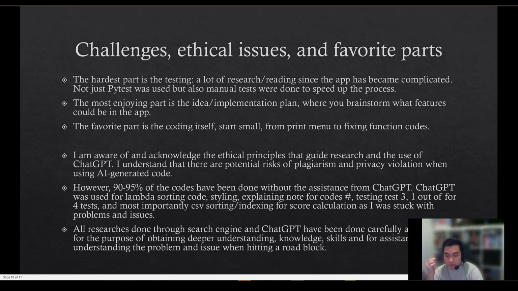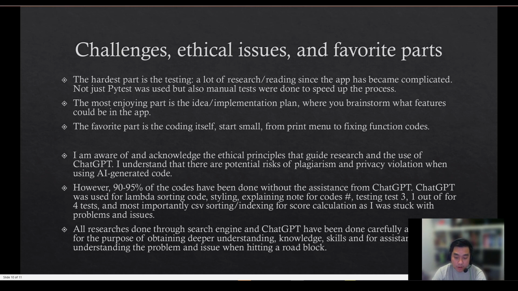And for full disclosure, I used ChatGPT for the lambda sorting code. I was stuck there, and also for styling, for adding notes into the code, and for testing, test number 3, which still fails. I used ChatGPT to help with one of the tests.